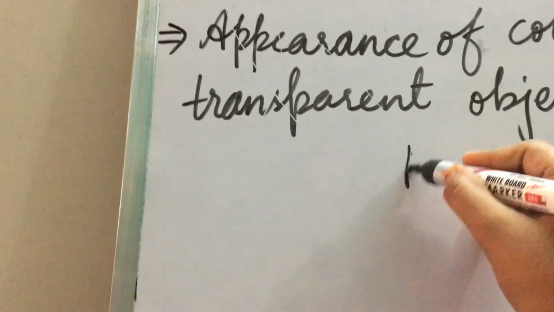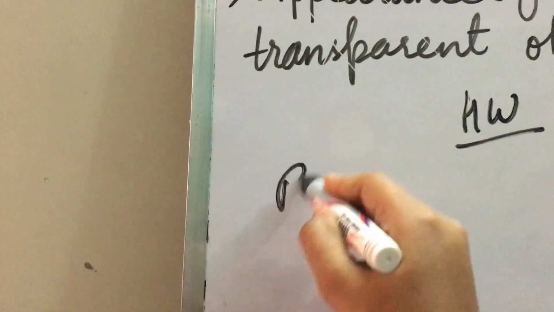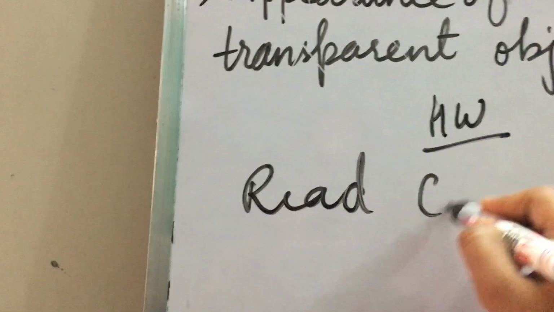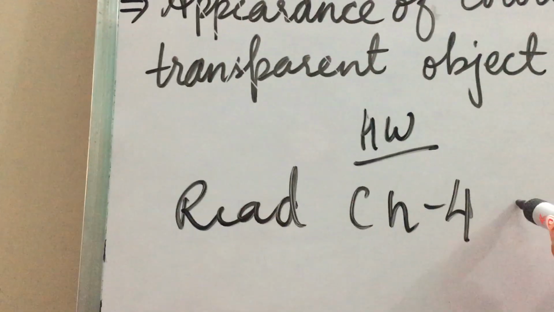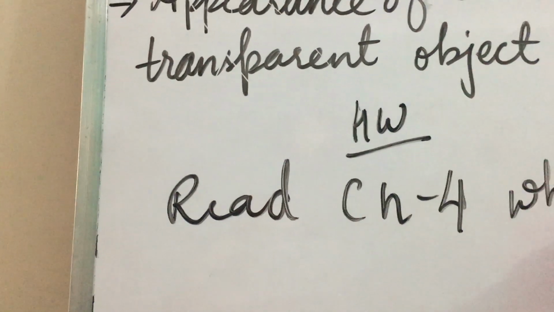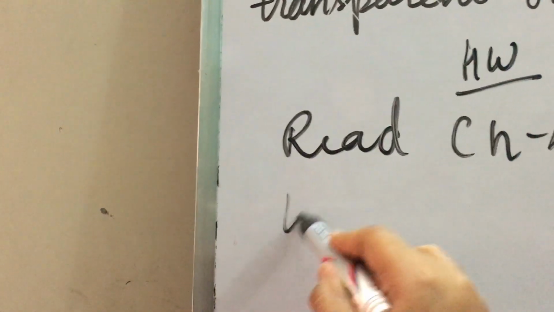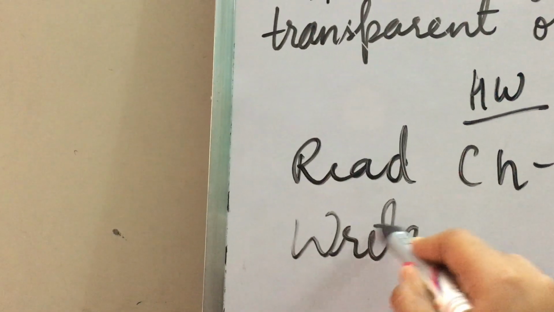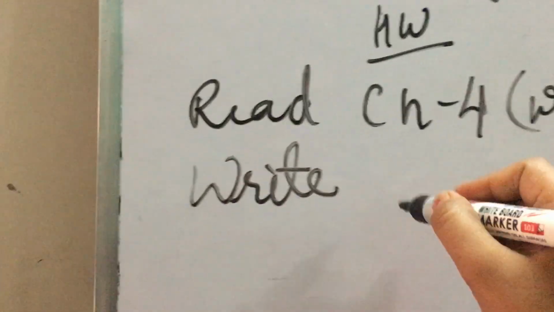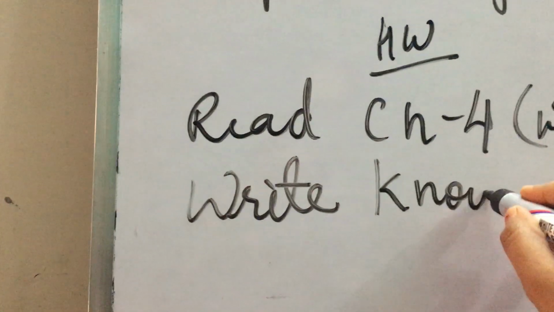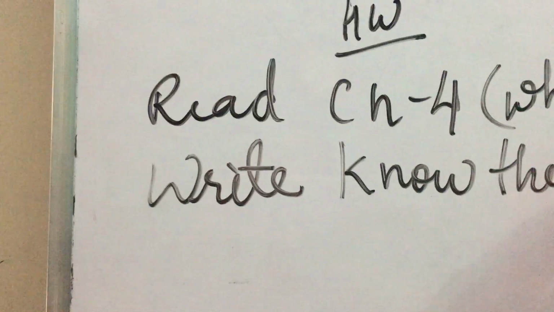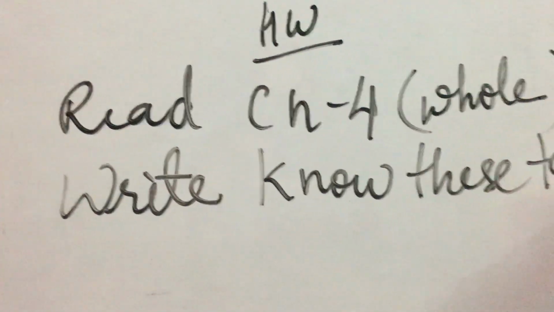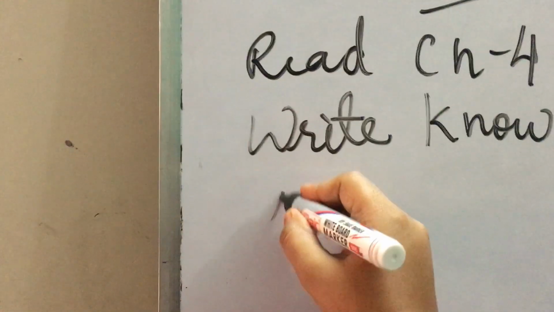Homework is: read chapter number 4 completely. Whole chapter you read. Okay. Next, write. Know these terms. Know these terms in fair copy.